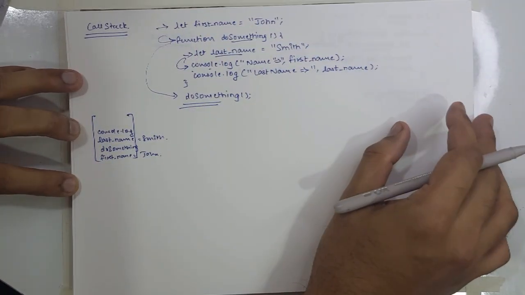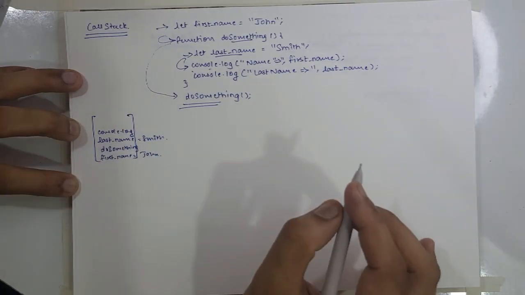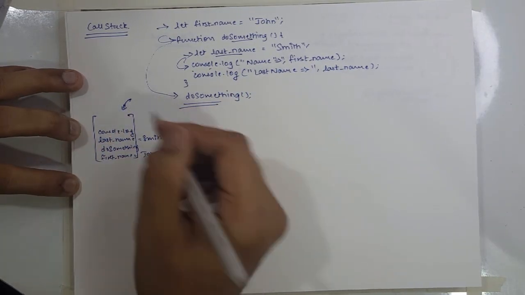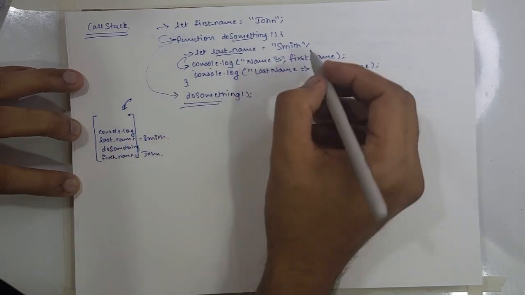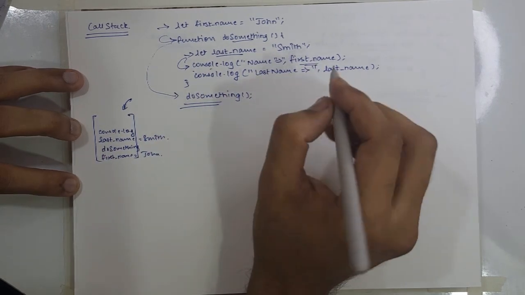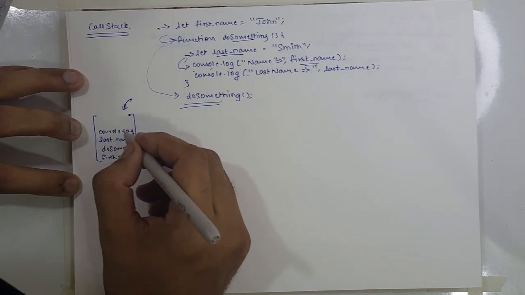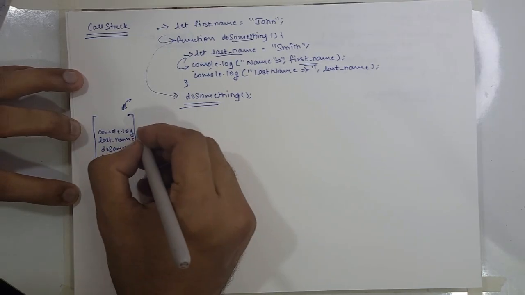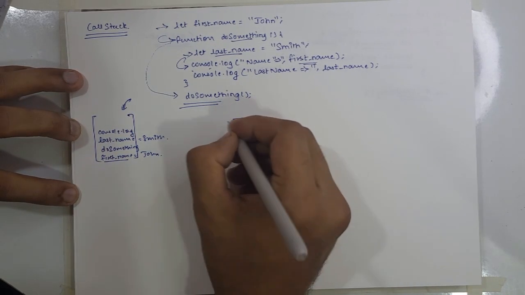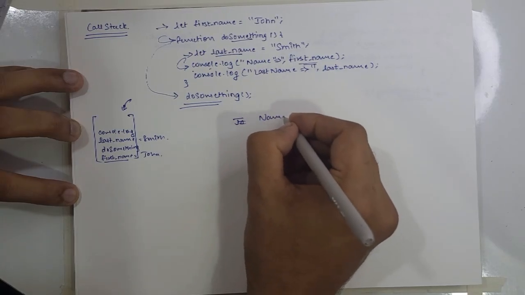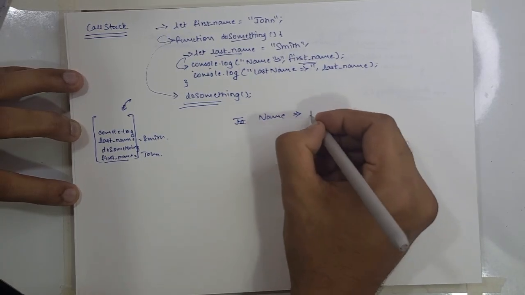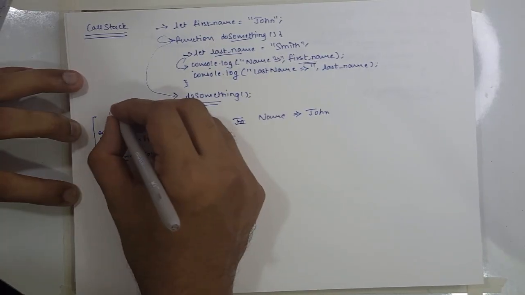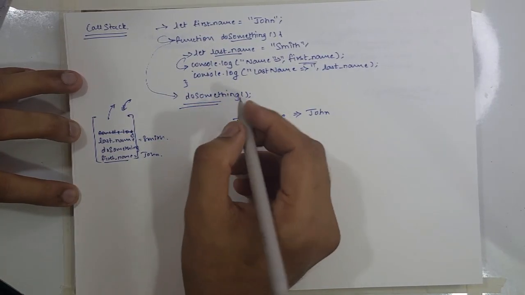Now the statement will get executed. Remember, once the statement is executed, it has to be removed from the call stack. So everything is being added into the call stack from the top. There is a console statement which is referring to this first name variable. Now the compiler will go and check where is the first name variable. It finds the first name variable as John. So on the output, we'll have name equals John, and the statement will be removed, popped out from the stack.